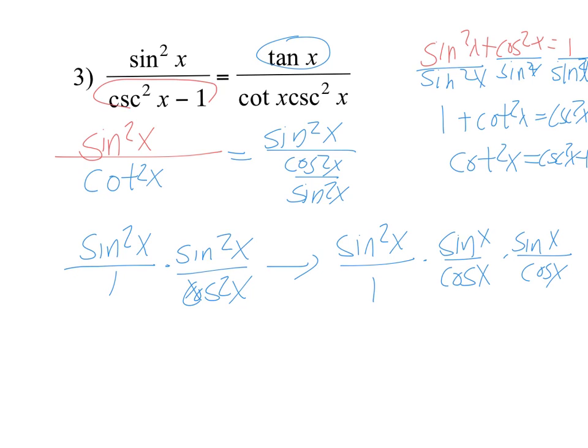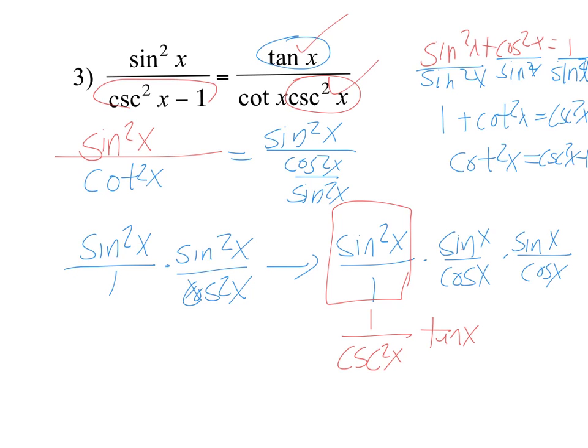I also happen to know that sine squared x over 1 is the same as 1 over cosecant squared x. So now we've got that piece. This is going to end up being tangent of x. So now we've got that piece.